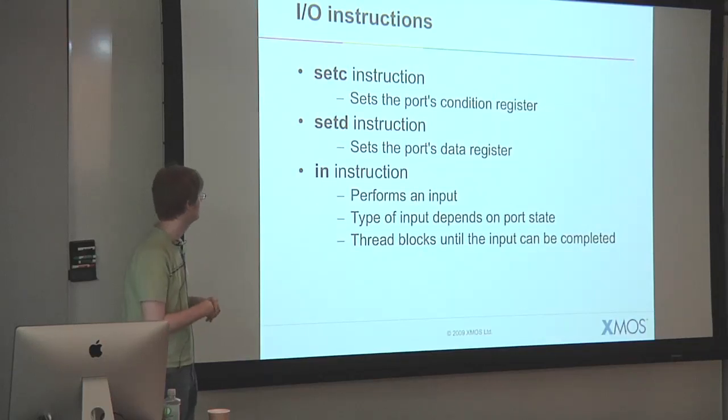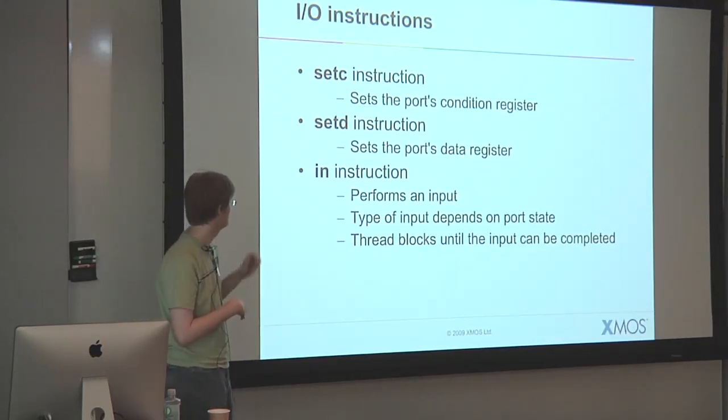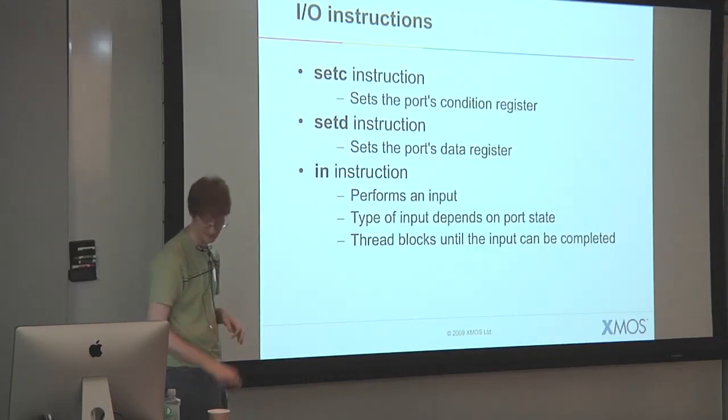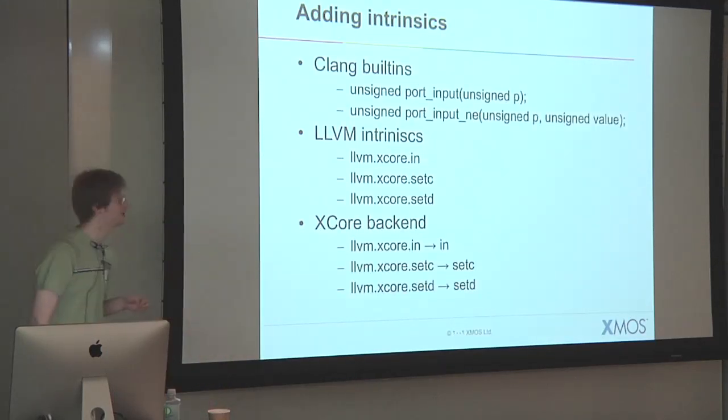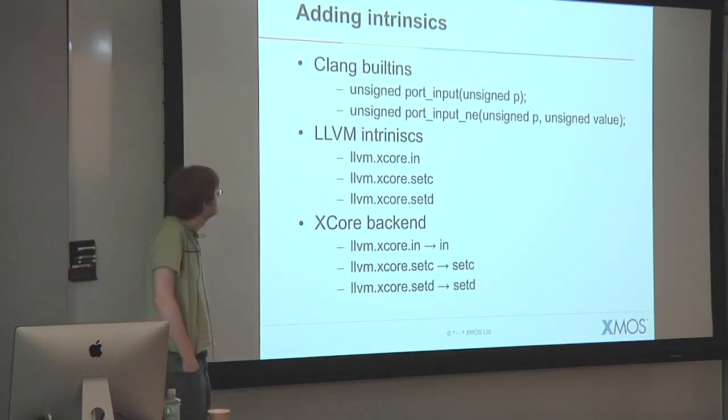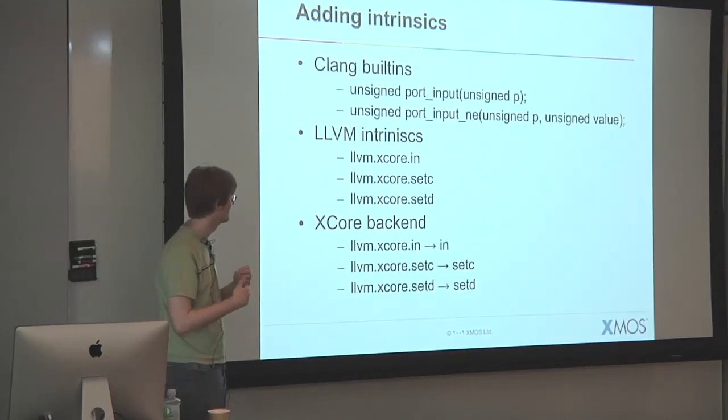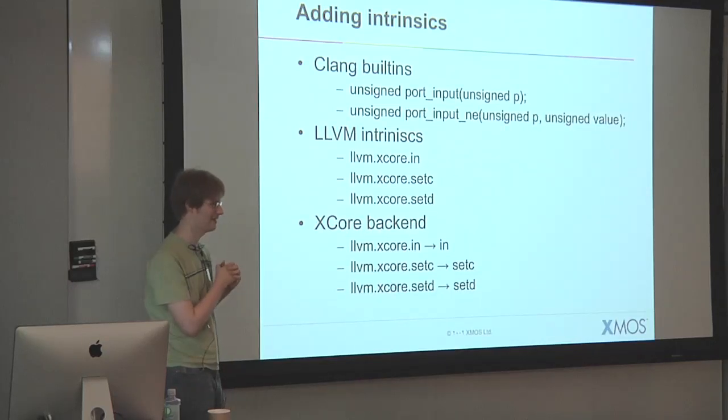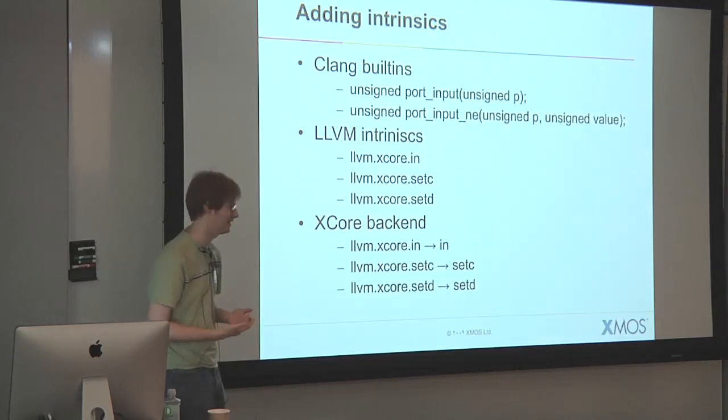So the input instruction will block until the input is completed. Whilst that example could be implemented just as library calls, there are some good reasons why actually having compiler support for this can give you much better code.